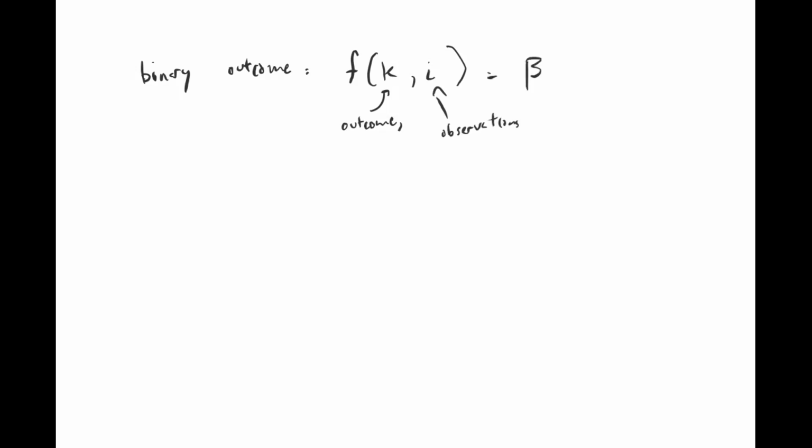Originally we had a binary outcome, so I'm going to write it in a slightly different way. This is the outcome, comma i, our observations, equals beta 0 for k plus beta 1 k x 1 i.